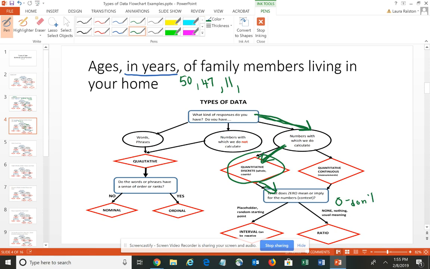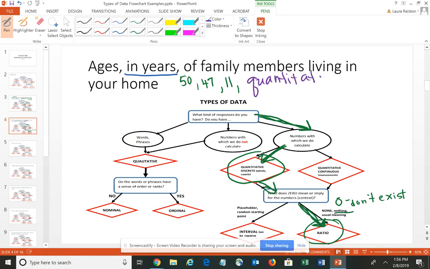So you would have nothing, and if you have nothing, that makes it the ratio level. So the ages in years would be considered ratio. So ultimately, the ages in years of your family members is quantitative.